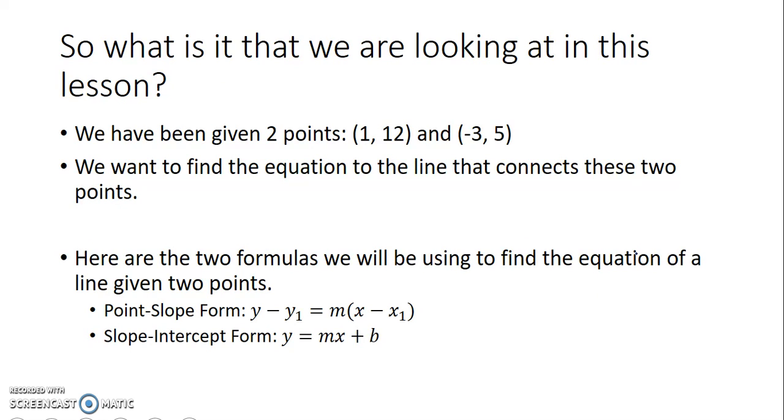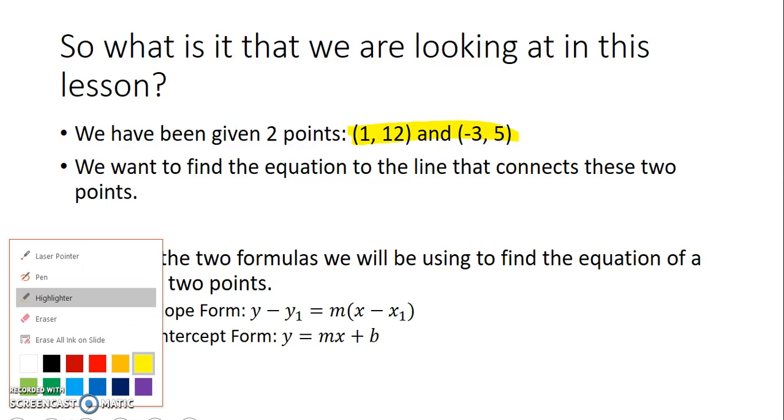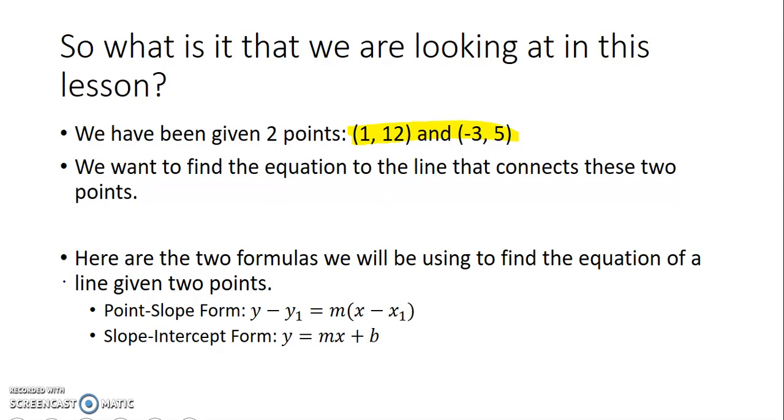All right, so continuing on with what we're looking at in the lesson today. Pretend that I've given you 2 points, and these 2 points are (1, 12) and (-3, 5). Our job is to find an equation of the line that connects these 2 points. We're going to be learning about one new formula, and then expanding upon the slope-intercept form that you've used previously.